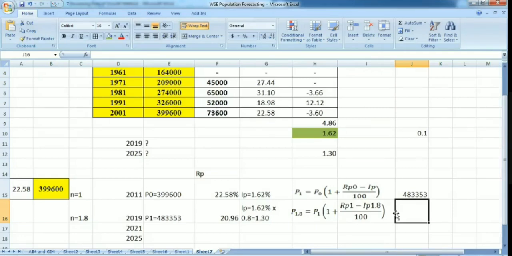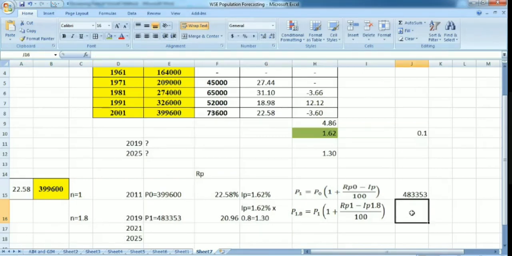So pay more attention, and ask me why I multiplied 1.62 by 0.8. The reason is the difference between 2011 and 2019 is not 1 decade, it is 0.8 decade. That's why I'm multiplying with 0.8.